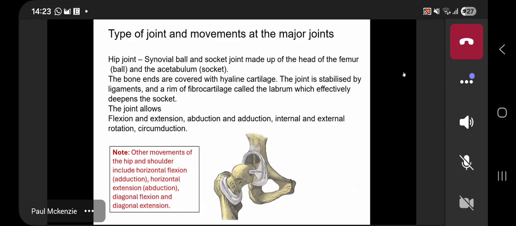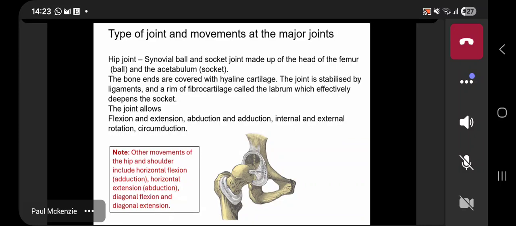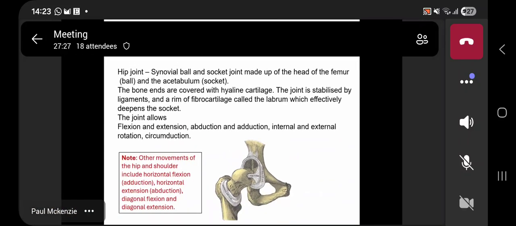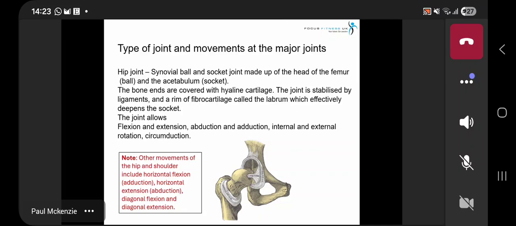I'm just going to make sure that I can see me, and if I can see me, you can see me. All right, so diagonal flexion is from, let's say, from your pocket on the opposite side going up. That's diagonal flexion. Okay, so diagonal flexion is from opposite pocket, or from this pocket diagonally across. That's horizontal, so diagonal flexion. Diagonal extension is the opposite.